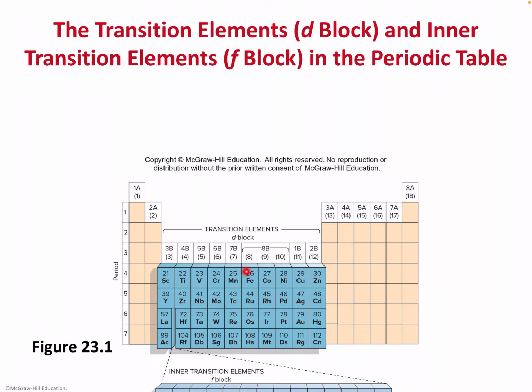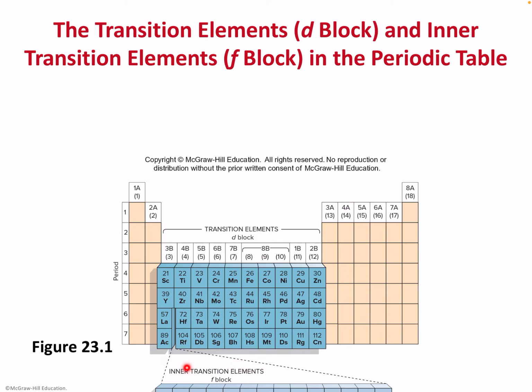Okay. So period 3 and period 4, we have D block elements. When you come to the period 5, over here, from 57 we start filling up F electrons. So we call them either inner transition elements or F block elements.